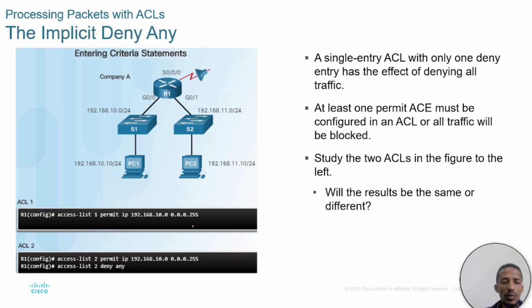Here you can see this is only one single statement. What is the problem with that? You are permitting only 192.168.10.0. What about 11? We said previously that there is always a deny statement after any permit statement. So if you are permitting only this network, what about 11?